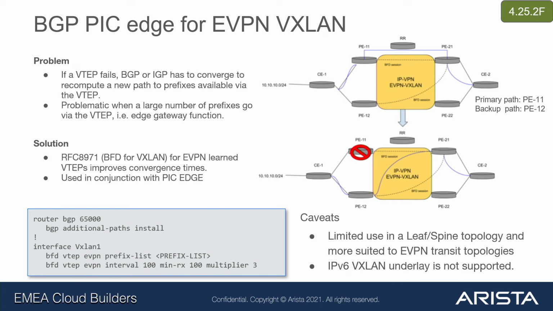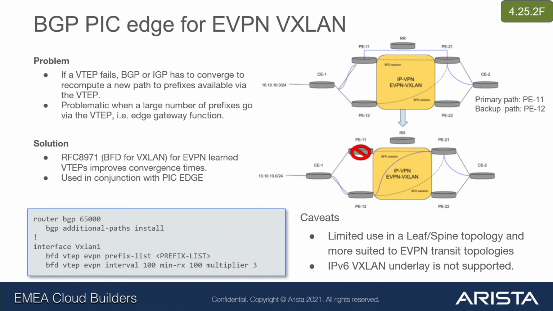It might only be for a very short period of time, but still some customers do not want to drop any traffic at all. So what BGP PIC Edge for EVPN does is create a BFD session between the VXLAN VTEPs, and then they monitor each other.